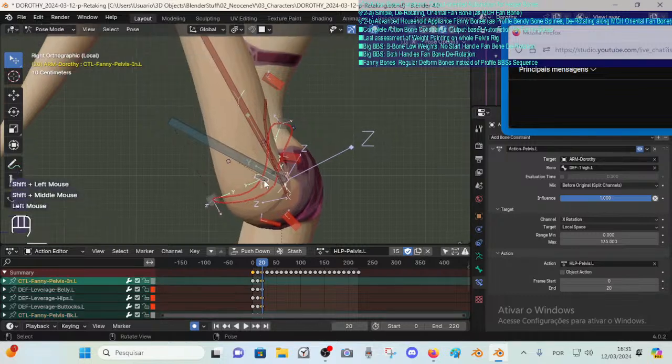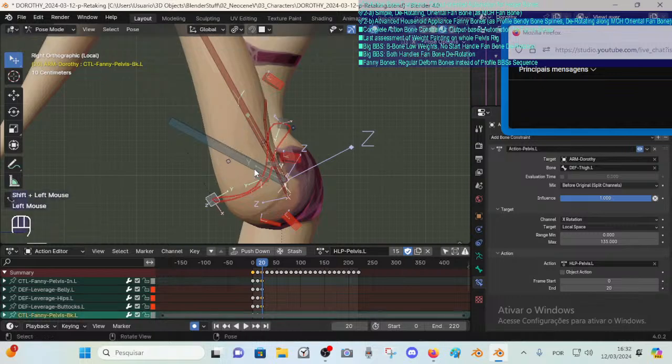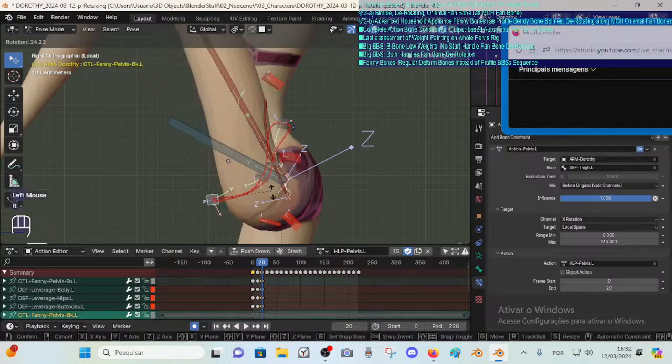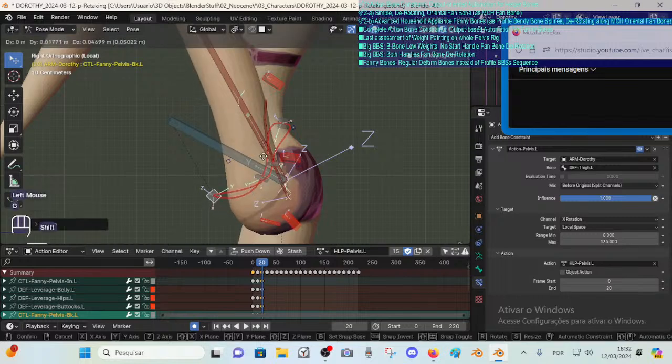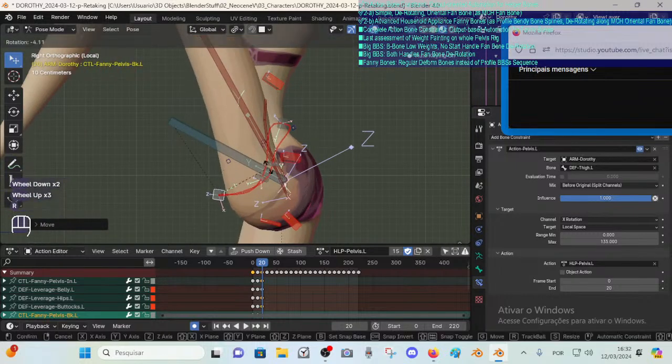I feel like I need some sort of structure here. Oh, I can do this. Alright. This kind of helps a little for that matter. It's a bit strange the way it is.